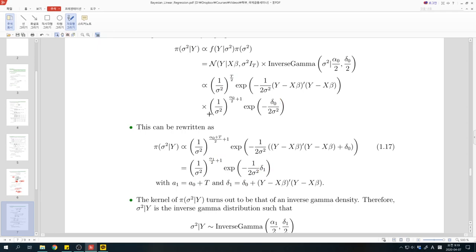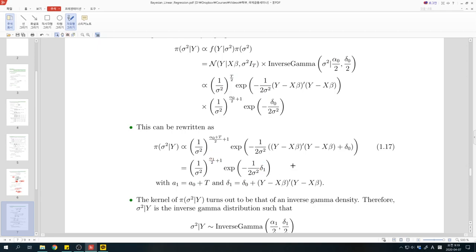This is the inverse gamma density, and the distribution parameters are alpha 0 over 2 and delta 0 over 2. So what about this? This must be an inverse gamma distribution too. And what are the distribution parameters? Alpha 1 and delta 1.